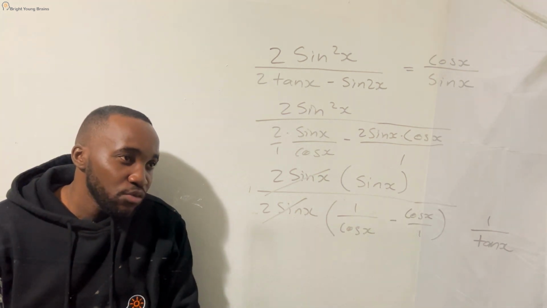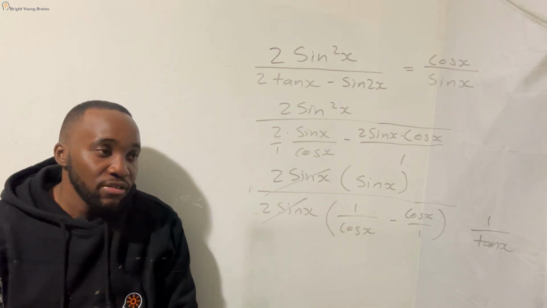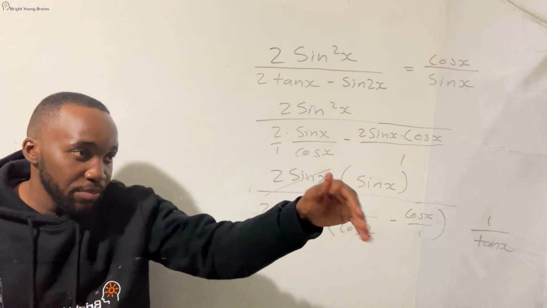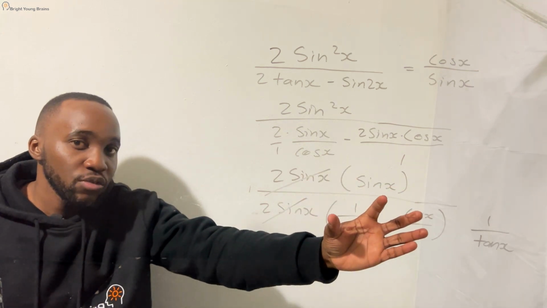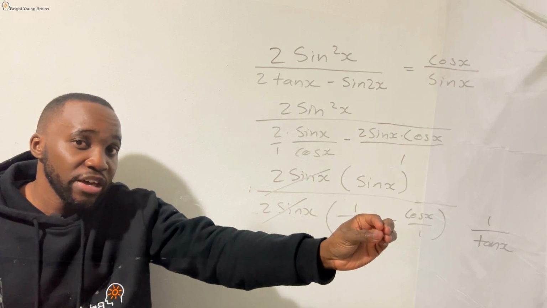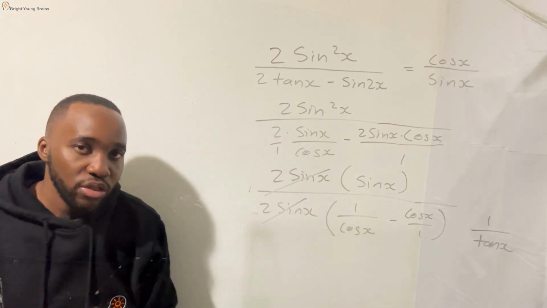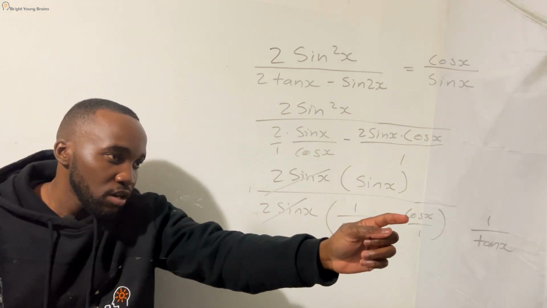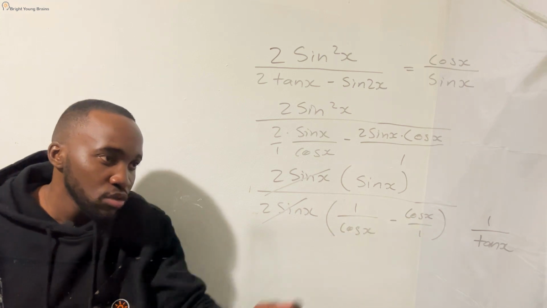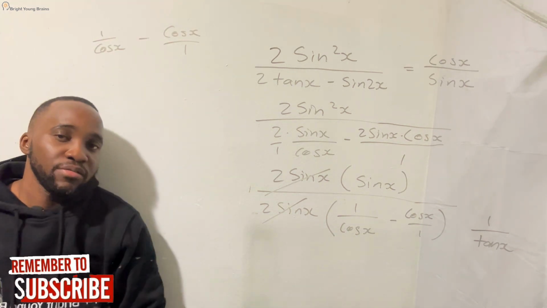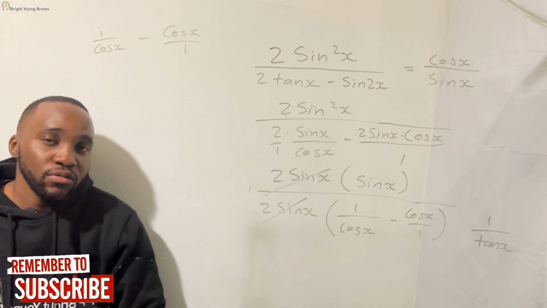So what you can actually do for yourself is, you want to get used to stuff like this in math. This denominator portion of our big expression, we can actually just work on this for a bit and then see how far we can go with this in terms of making it look simple, and then carry on with the main question. So what I mean is the 1 over cos x and minus cos x over 1. Let's write it here. Let's just simplify this into at least one single fraction.